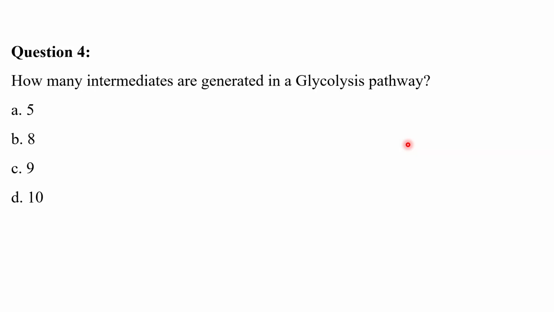It's a central metabolism pathway in our body. In our body and in all the microorganisms, like in most of the aerobic organisms that can survive in presence of oxygen, glycolysis is the central metabolism pathway where glucose is the starting material.